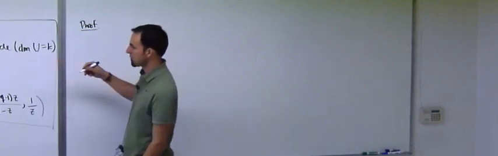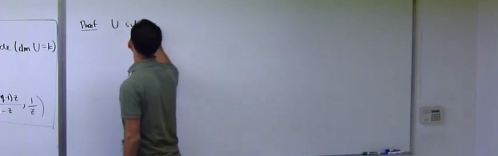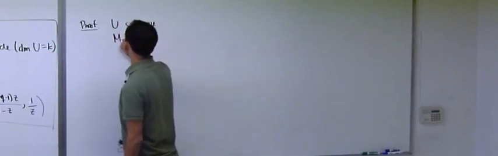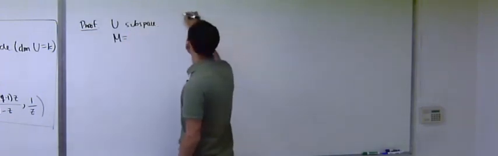To do that, let's remind ourselves of what this matroid is. So U is a subspace. And so remember that we said M was defined like this.